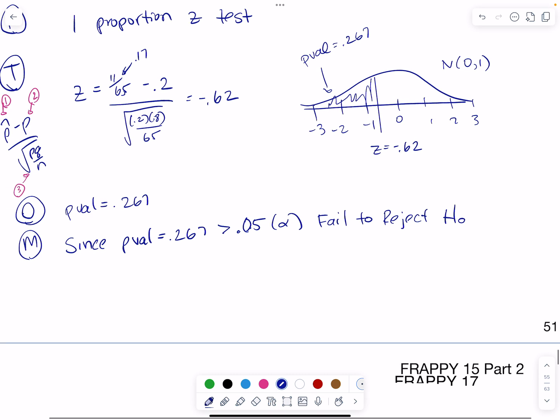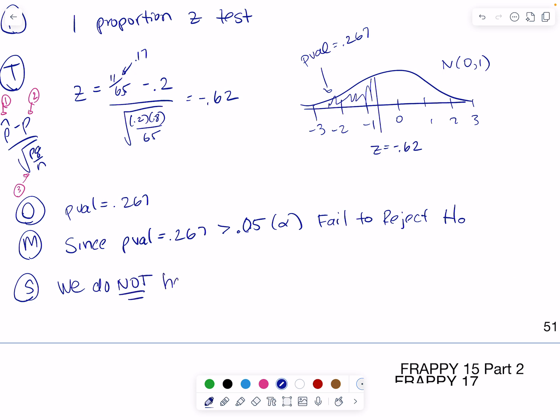So you're saying, hey, I'm not going to reject that. And you would state in context your conclusion with regard to HA now. So we do not have enough evidence for HA, which says p is less than 20%.